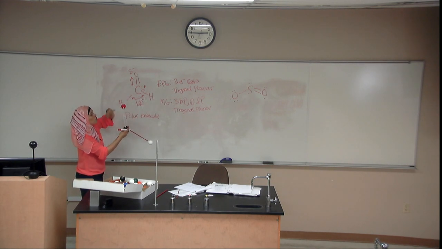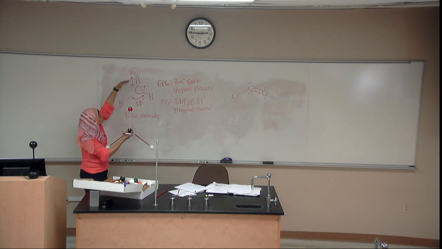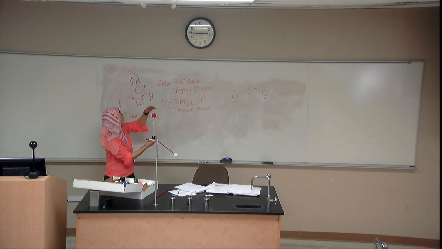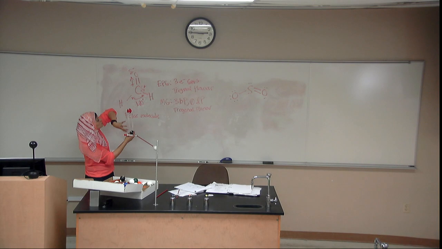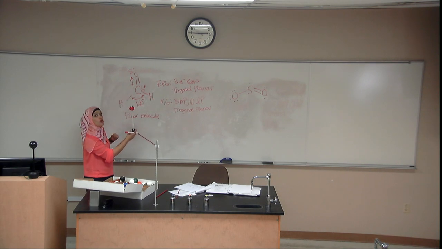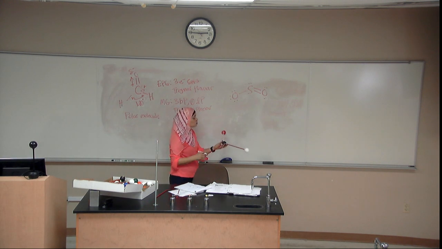So this is going to look more negative, and this is going to be more cold blue because the electron density is being pushed away. So red hot up here, cold blue down here, as the electron density is being distorted towards the more electronegative atom. Okay? Now, let's do SO2, sulfur dioxide.